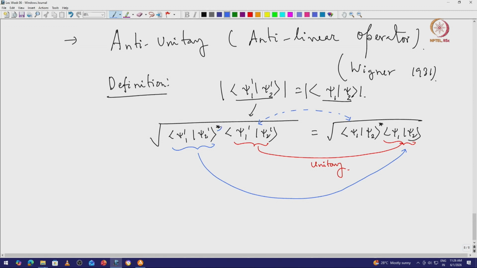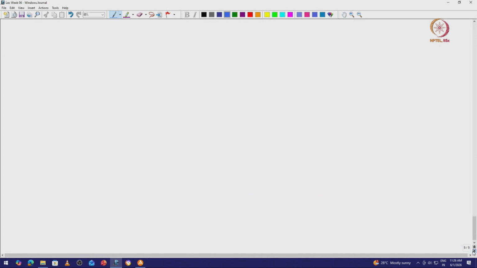So, the star part is equal to this, and that we will call anti-unitary. So, we will denote an anti-unitary operator by A. Okay. So, psi 1 prime is related to psi 1 by A, and the same for psi 2 prime.